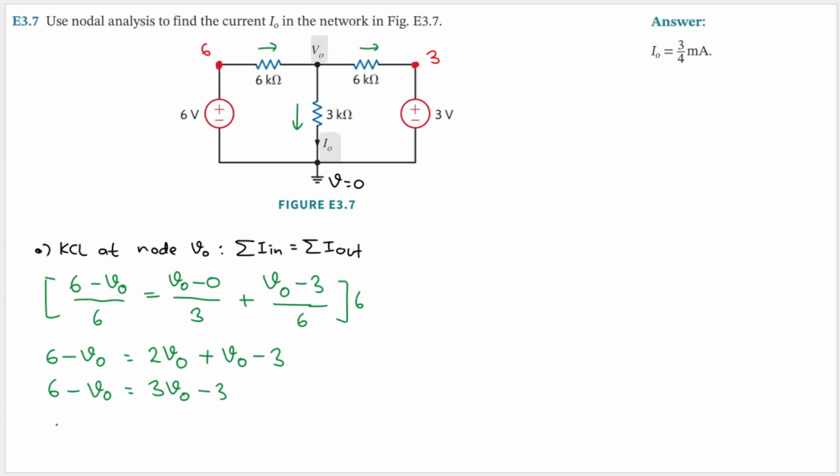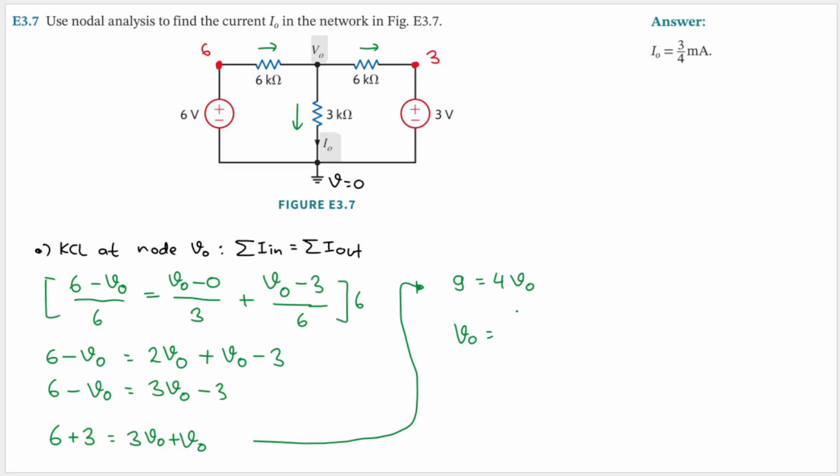So we will have 6 plus 3 is equal to 3V0 plus V0. We'll have 9, and that is equal to 4V0. And what is V0?